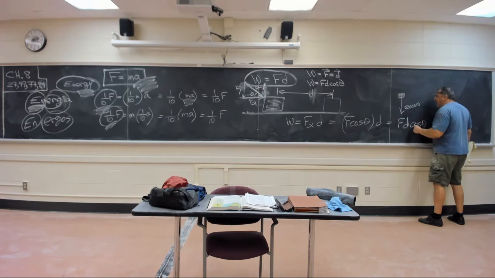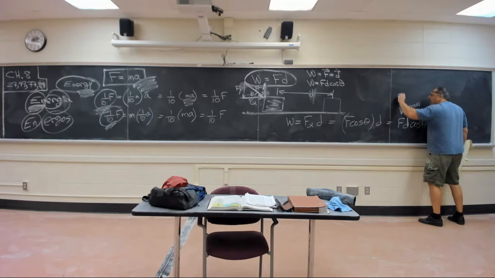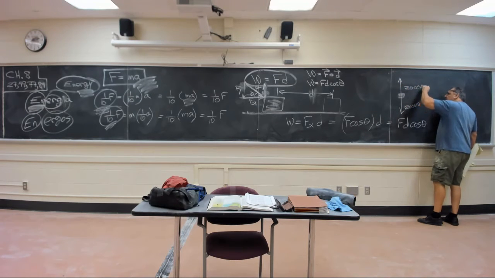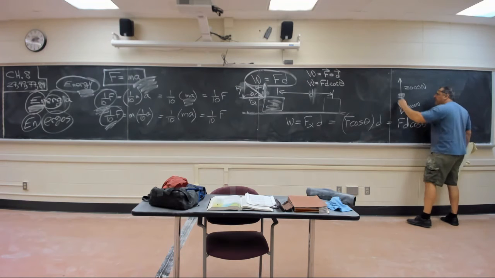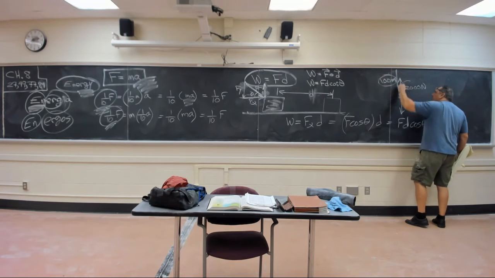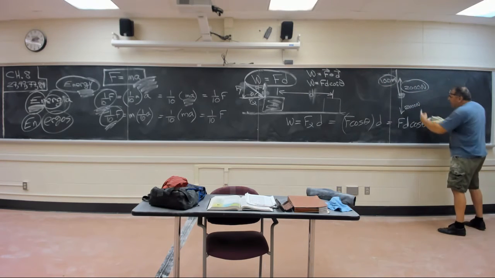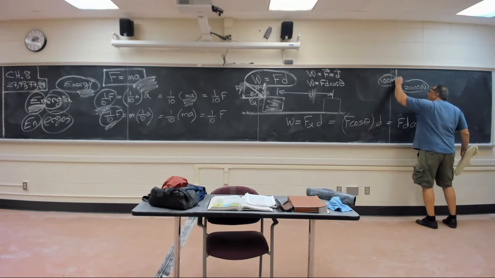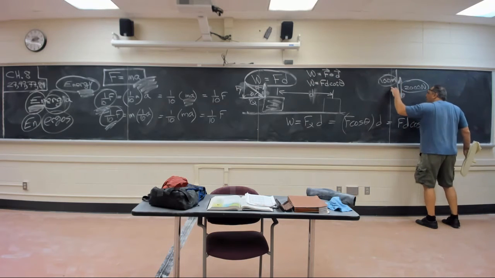I'm climbing the stairs, exerting 2,000 newtons of force to just go at a constant speed up the stairs, and I'm going 100 meters. I have to overcome the weight of the object. To do that, I have to exert that force over that distance.